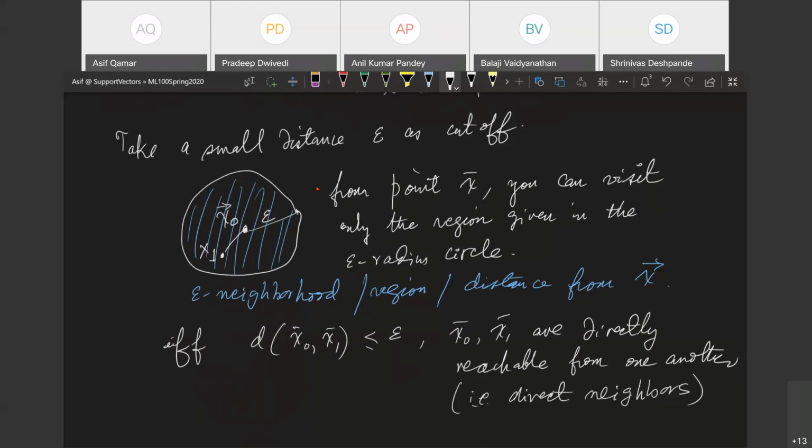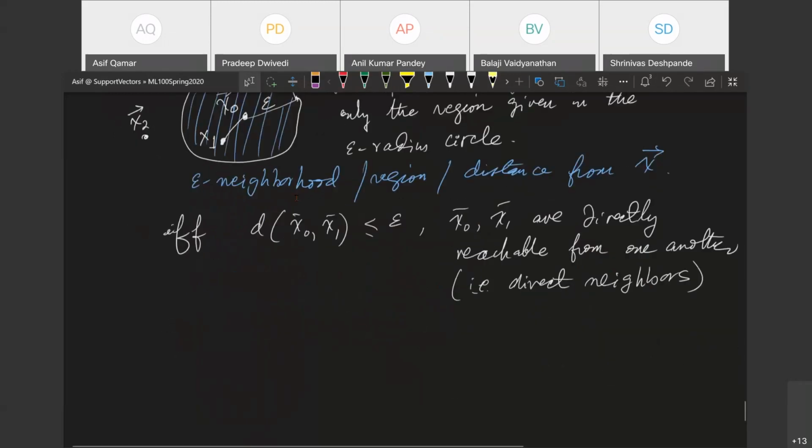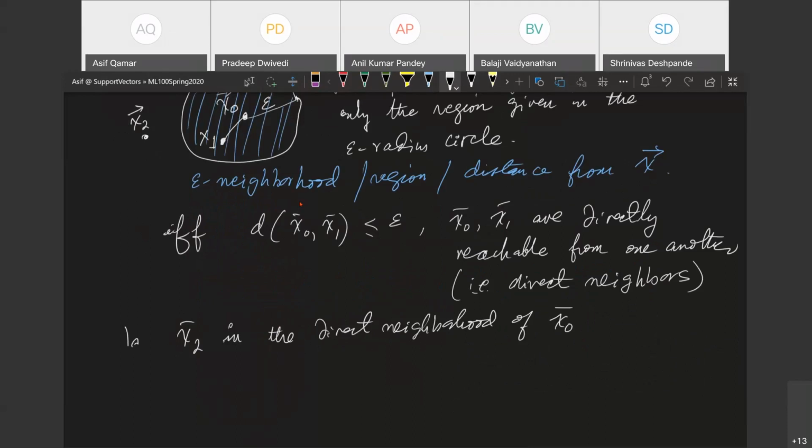But then imagine another point like X2. What can you say about X2? Is X2 in the direct neighborhood of X0? What's the answer to this, guys? No. So the answer to that is no, it is not true.